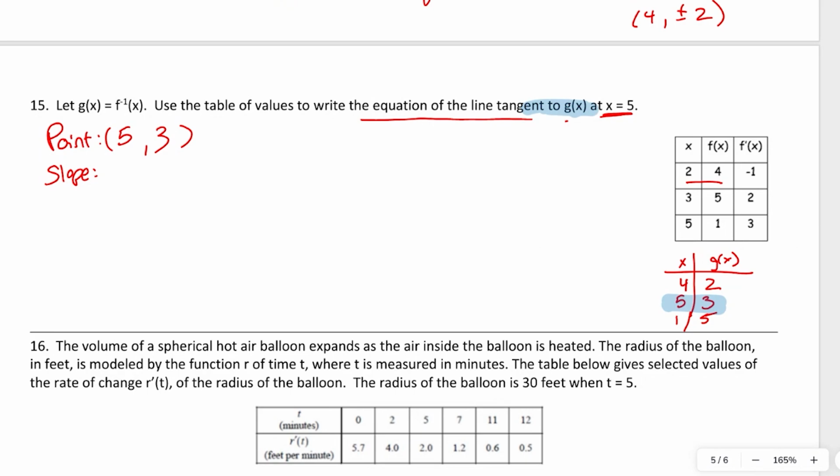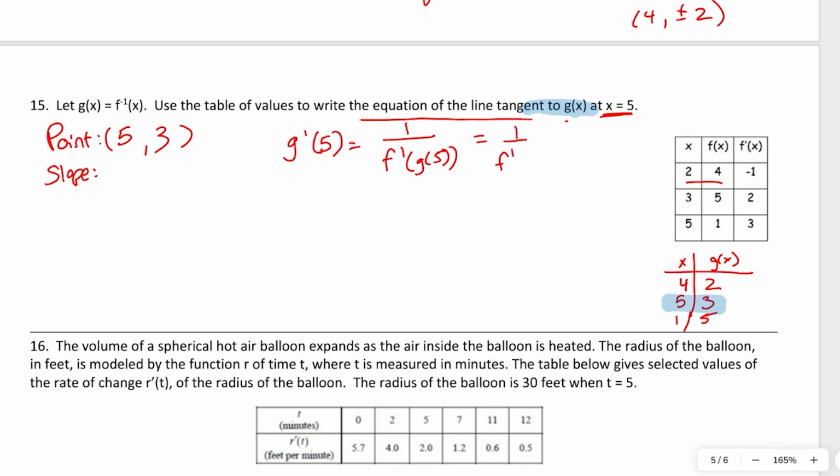All right, so let's go ahead and find our derivative here so that we can get the slope. So we're trying to find the slope when x is 5. I said 3, kind of got ahead of myself there. g prime of 5 is 1 over f prime of g of 5, which is 1 over f prime.